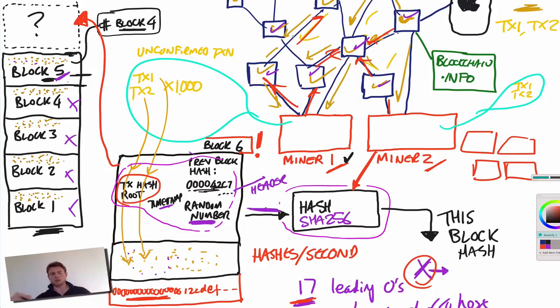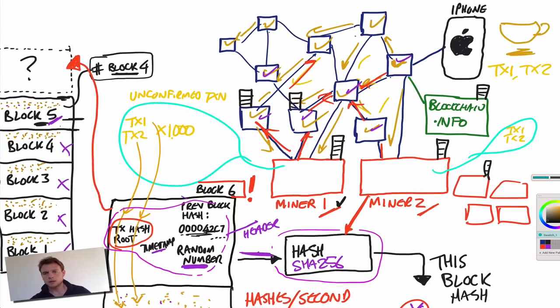And if you remember, there's no centralized copy of the blockchain. Each of these nodes has their own copy of the blockchain, including this miner here, including this miner here, including all these ones, including the blockchain.info website, and including my trusty iPhone.